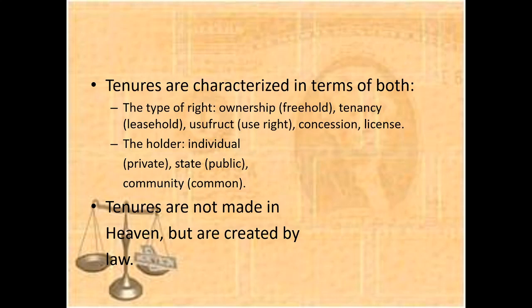Then you have concession, you will be exempted from paying, exempted from using, etc. Then license, etc. All this comes under different kinds of tenure. This is also related to what I said earlier, whether it is individual, state or community that holds all this.